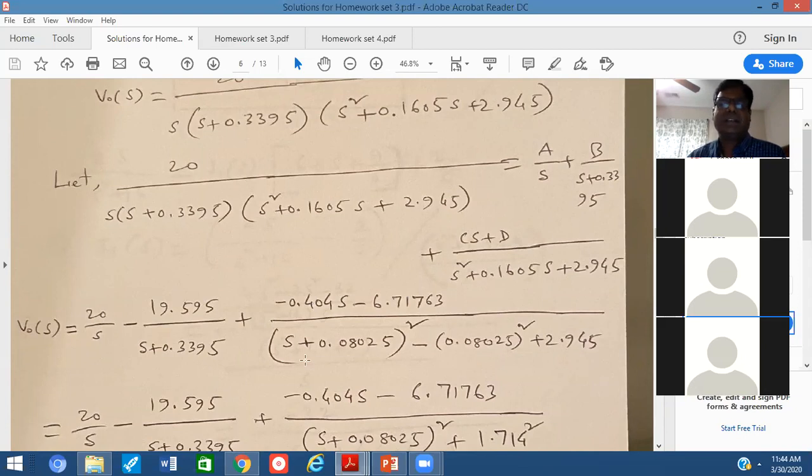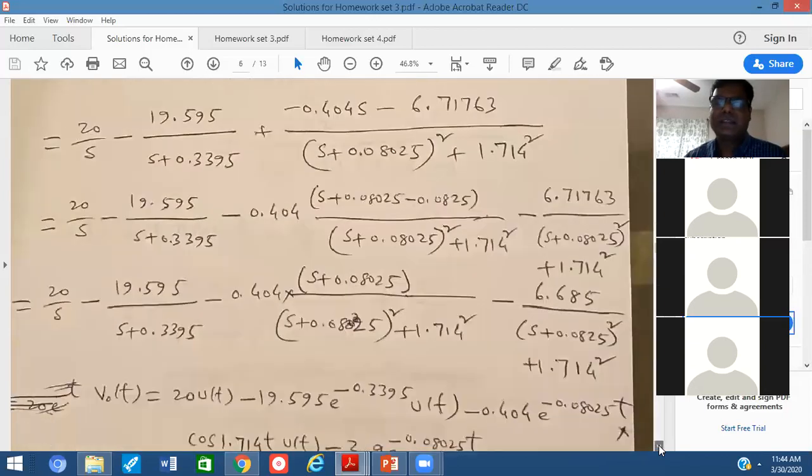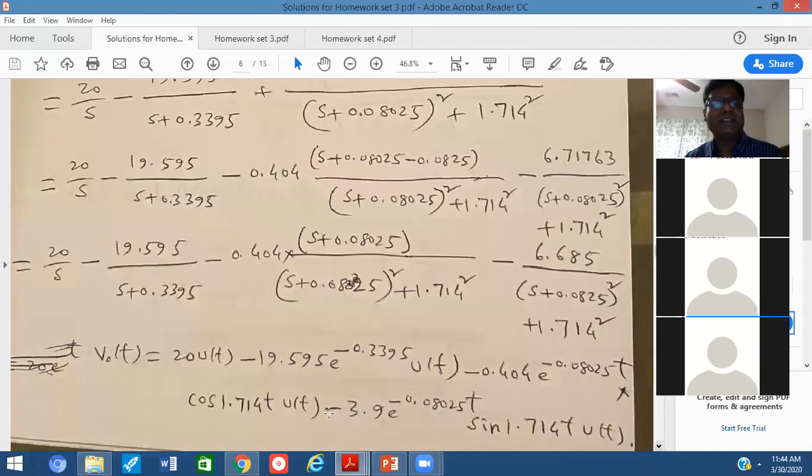And then you see how I am manipulating, because I want to apply cos and sine functions from the Laplace transform and inverse Laplace transform. And finally, after long calculation, it gave me this result.